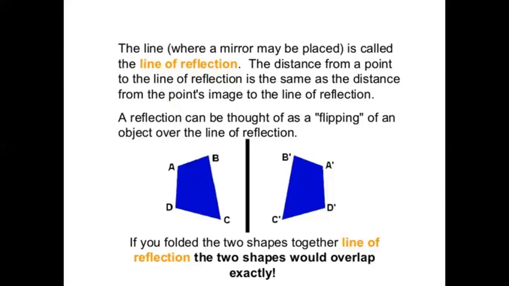If you folded the two shapes together along the line of reflection, the two shapes would overlap exactly. Okay, thank you.